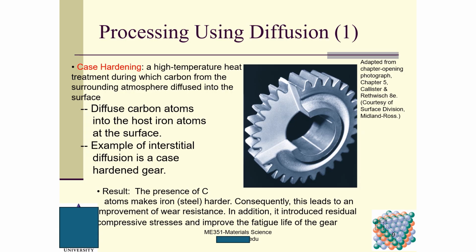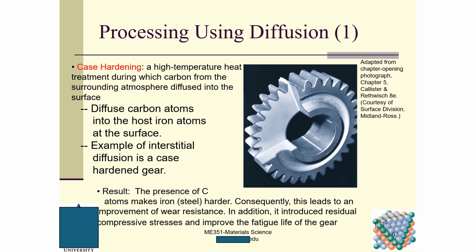And the case means that we have a chamber, and we put the specimens to be hardened in the chamber, and then we put in some atoms that contain carbon, because carbon atoms are very, very small compared to iron atoms.